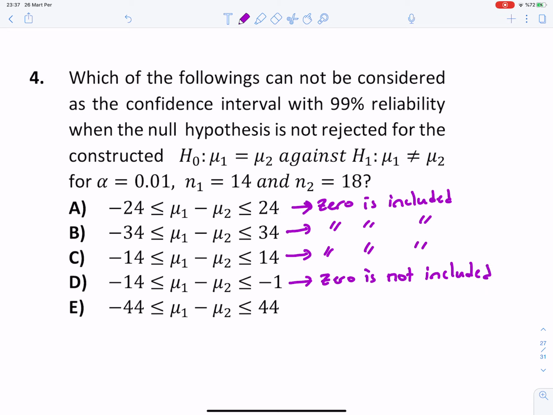You don't need to perform any calculations, so the answer is option D. That's the correct answer.